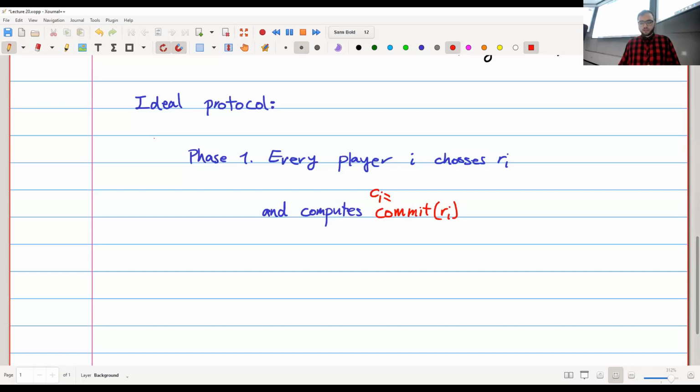So this player computes CI and records it on the blockchain, or records it in my smart contract. Okay, that's my first phase. And then, of course, during this phase, when the player wants to record the value of CI in the smart contract, they have to also pay a deposit. I just here write plus paying some deposit.